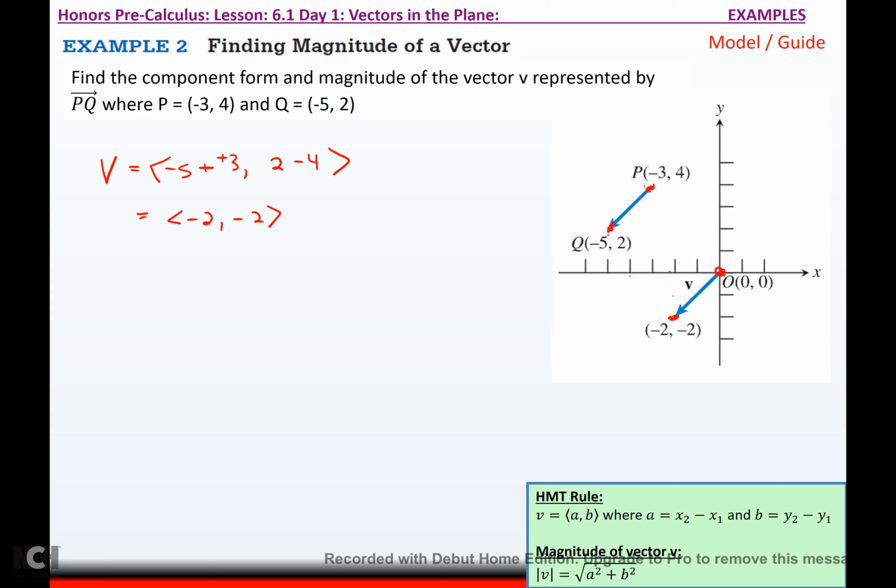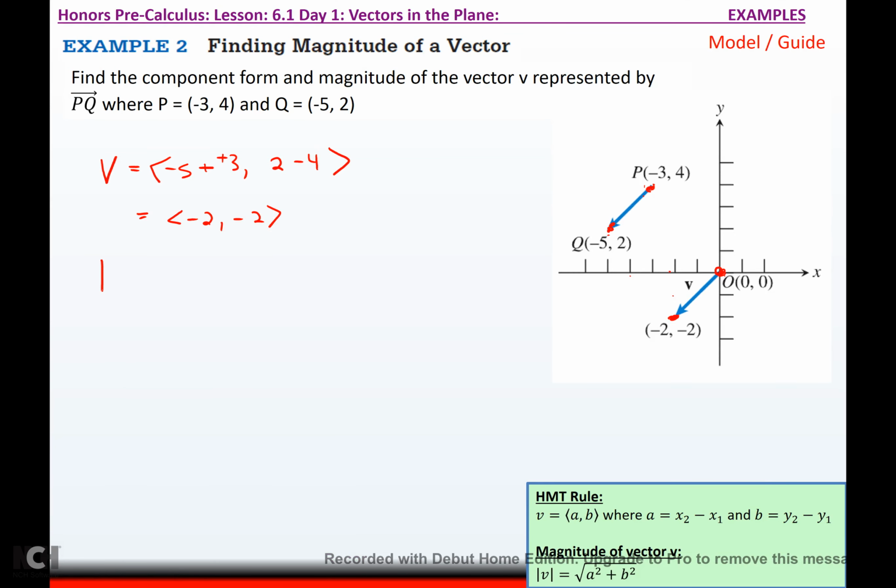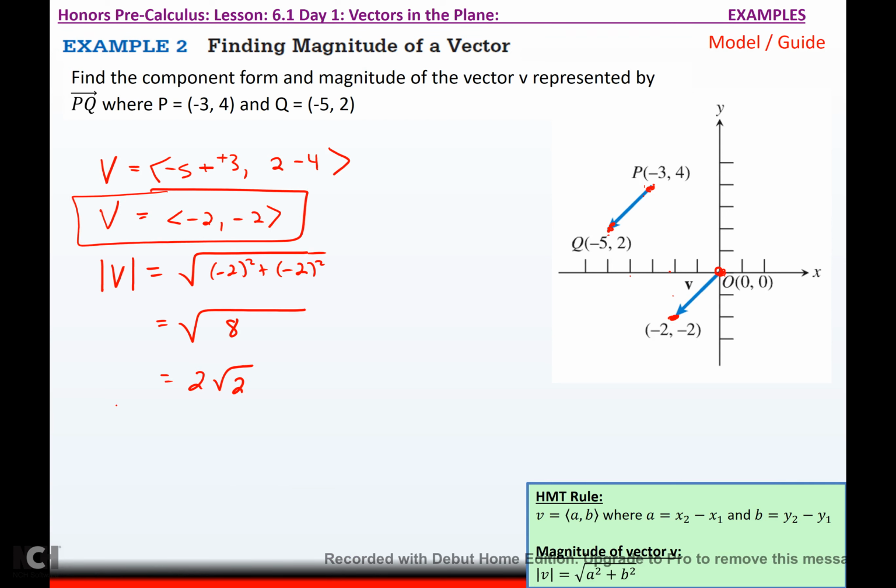And then to find the magnitude of V, you take the square root of A squared plus B squared. That's going to be the square root of 4 plus 4, which is 8, which is 2 square roots of 2. So there's my component form, and there's my magnitude.